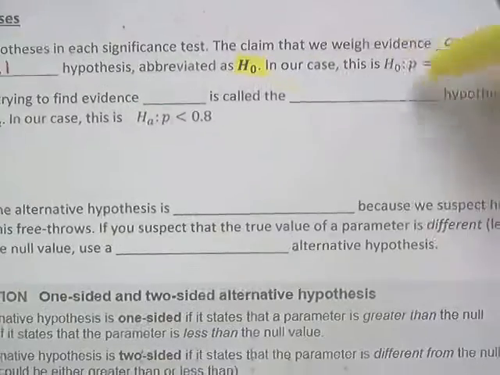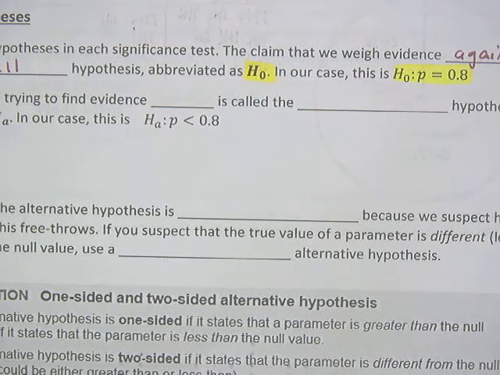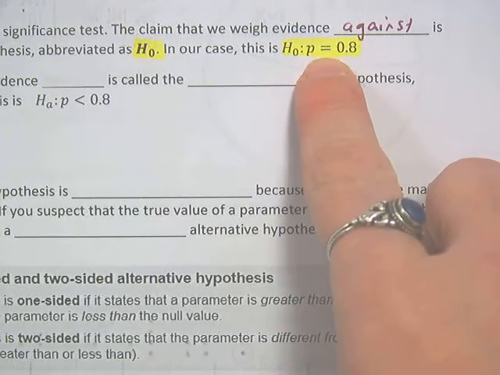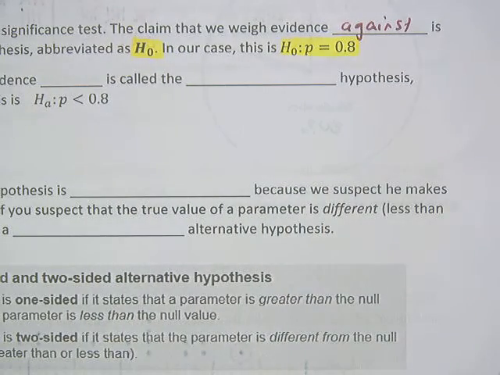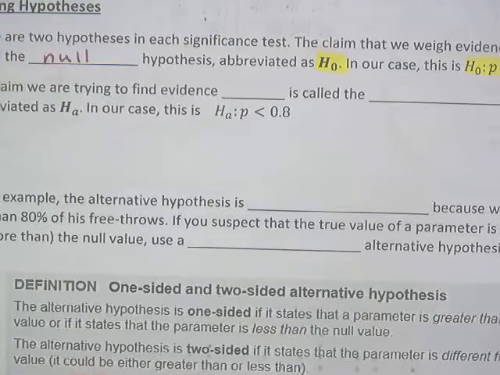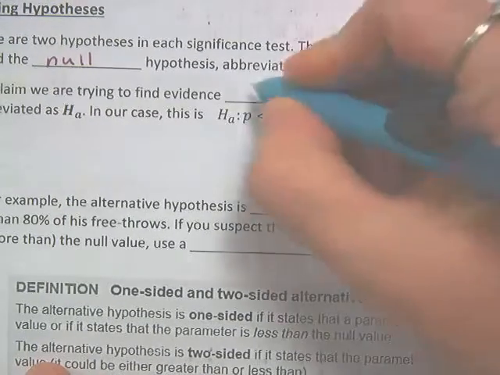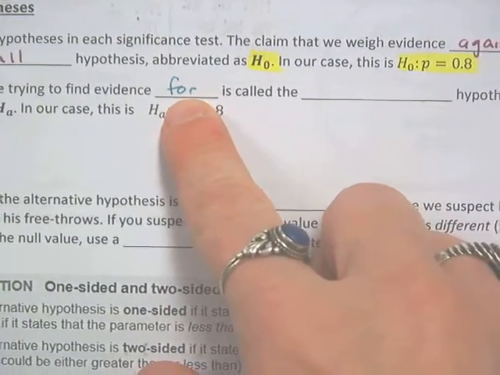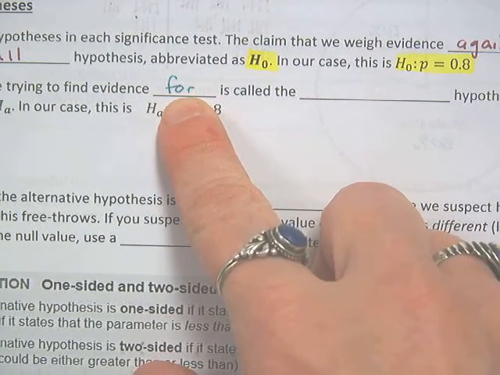Now, in our case, the null hypothesis, again, the one that we're trying to find evidence against, is his claim that he's an 80% shooter, that he actually makes exactly 80% of his free throws. Okay, the claim we're trying to find evidence for, remember we had kind of a sneaking suspicion that he was exaggerating, and we're trying to find evidence of that, right?